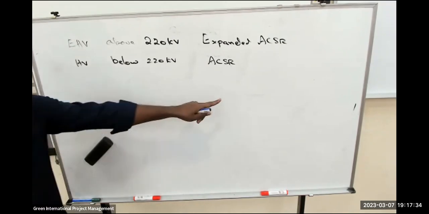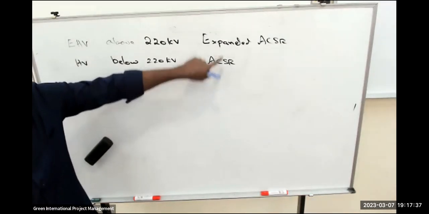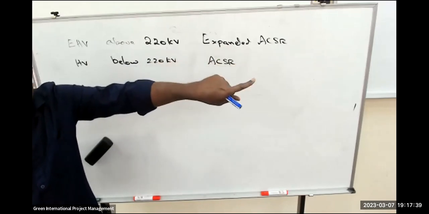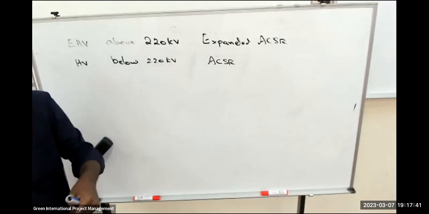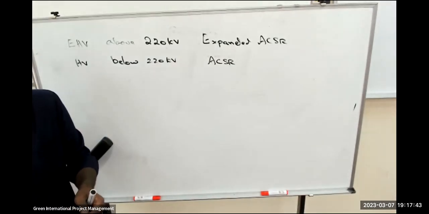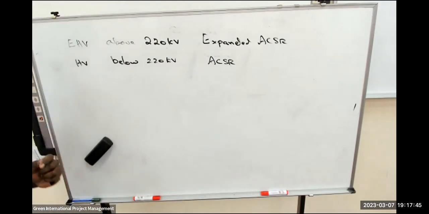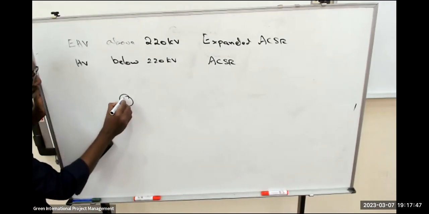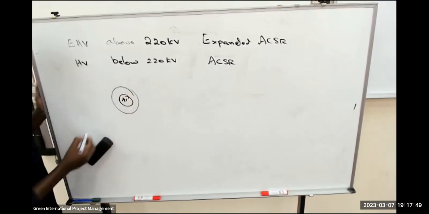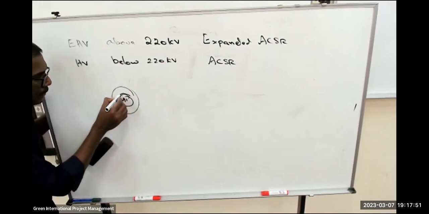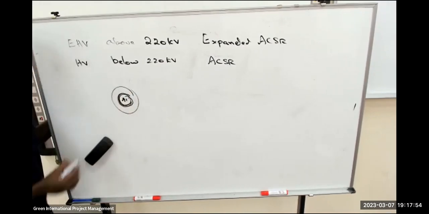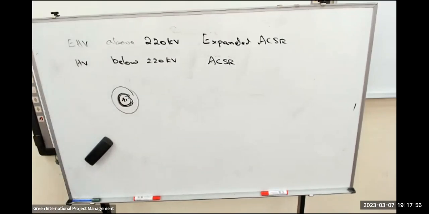ACSR conductor has aluminum and steel. So what is the definition of the expanded ACSR conductor? In between the aluminum and steel, we have filler paper. This circle we call aluminum and this circle we call steel. In between these two we have the filler paper. Then the conductor we call the expanded ACSR conductor.